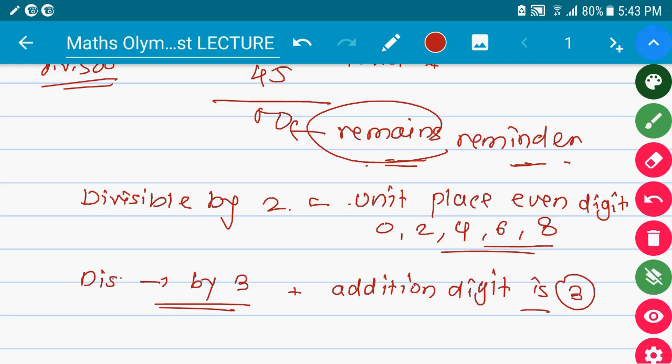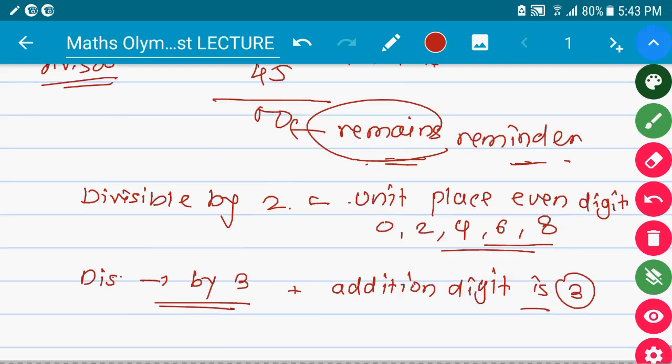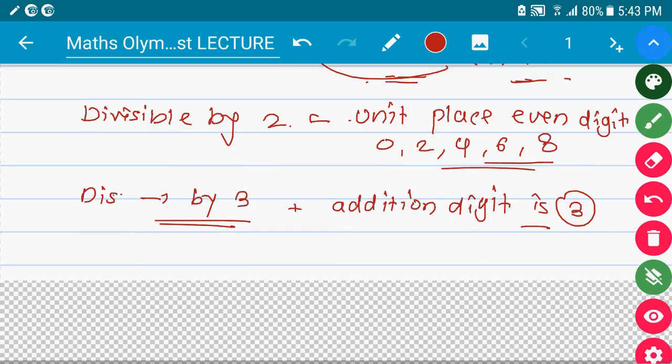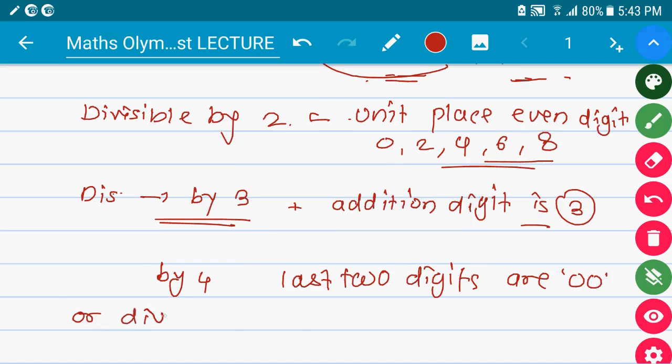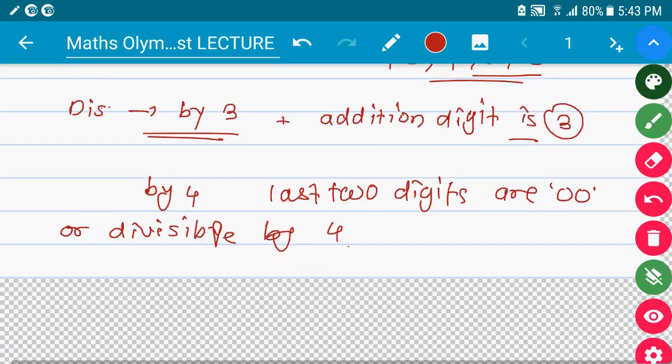Now the divisibility test for 4: if the last two digits are 00 or divisible by 4, then the number is divisible by 4.